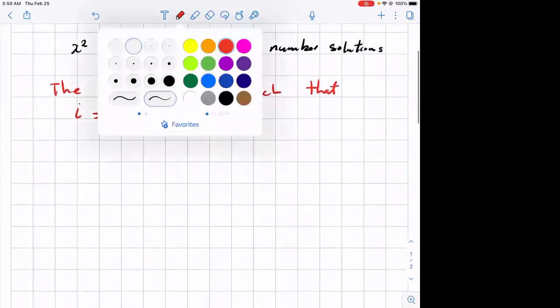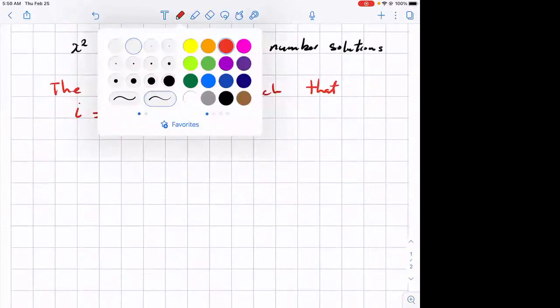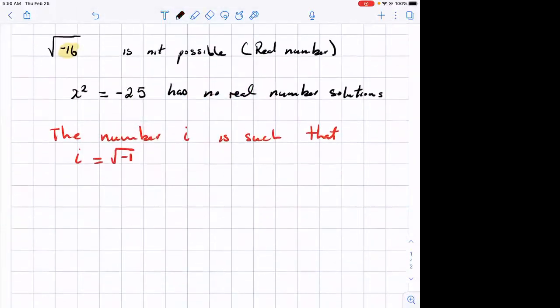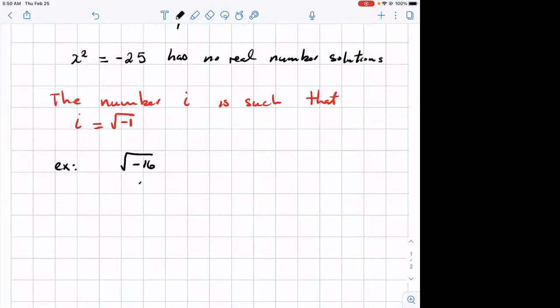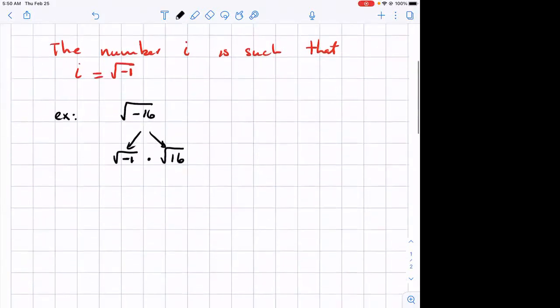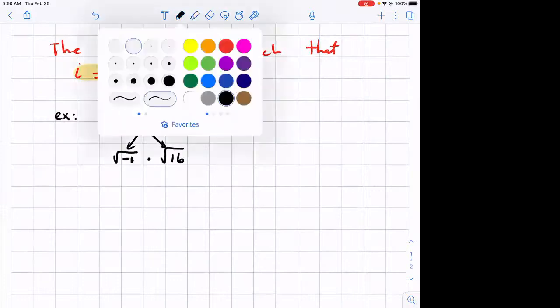And if you don't quite see what I'm saying yet, let me go back to my example, the square root of negative 16. What I will do is take out the negative, so I will break this into two roots: the square root of negative 1 times the square root of 16. And I now know that the square root of negative 1 is i.